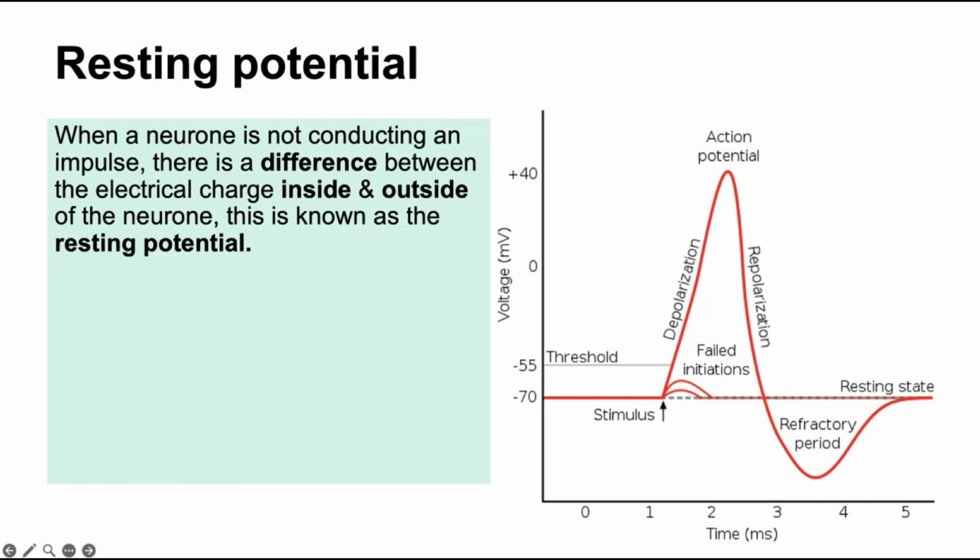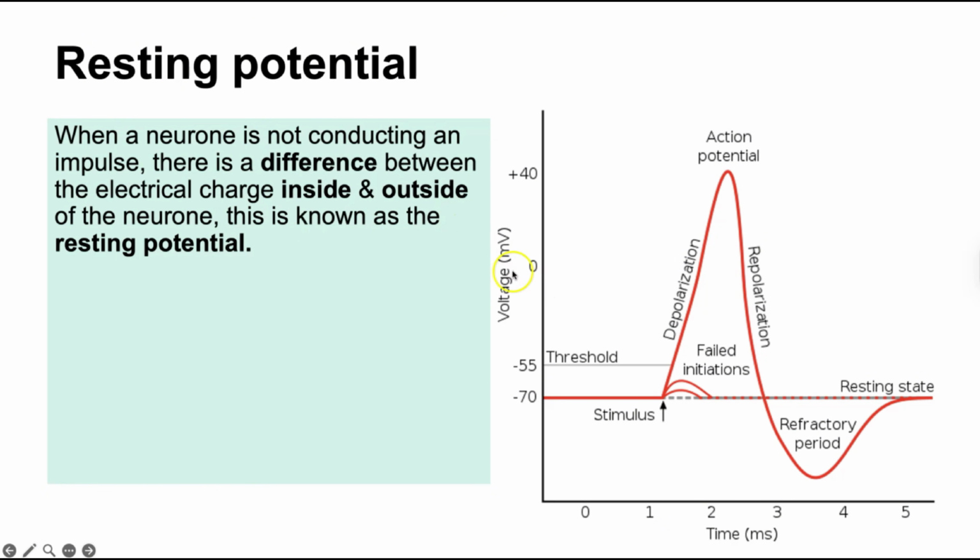So we then move on to the concept of an action potential and resting potentials. Resting potentials are when a neuron is not conducting an impulse. So there's not been a stimulus detected, it's just your resting standard state. But even when at rest, there is a difference between the electrical charge inside the neuron, specifically we tend to talk about the axon, and the outside of the axon.